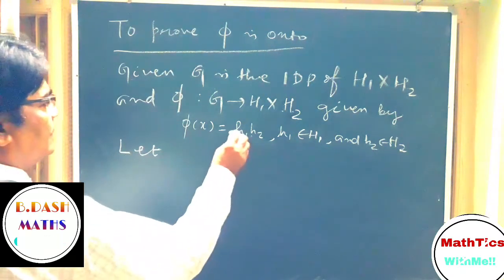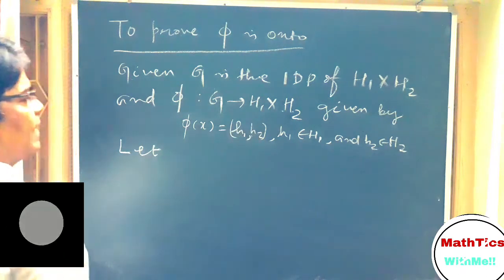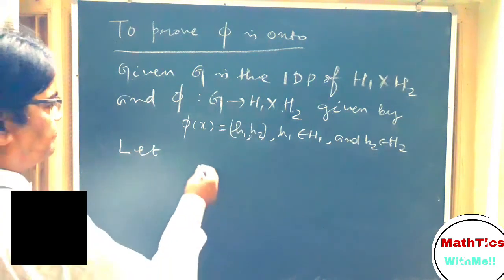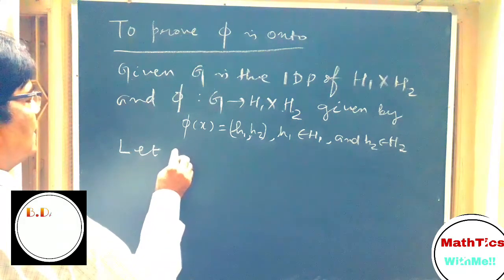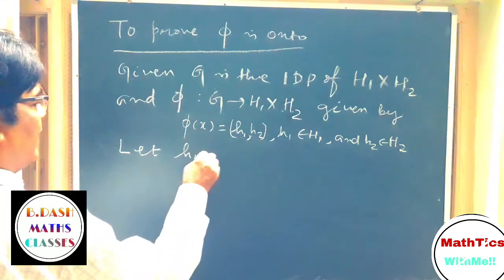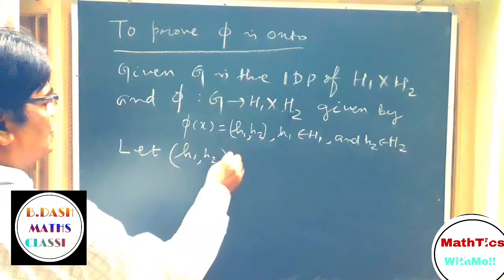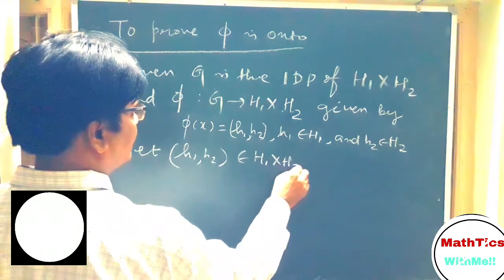Let this ordered pair (h1, h2) belong to H1 cross H2.